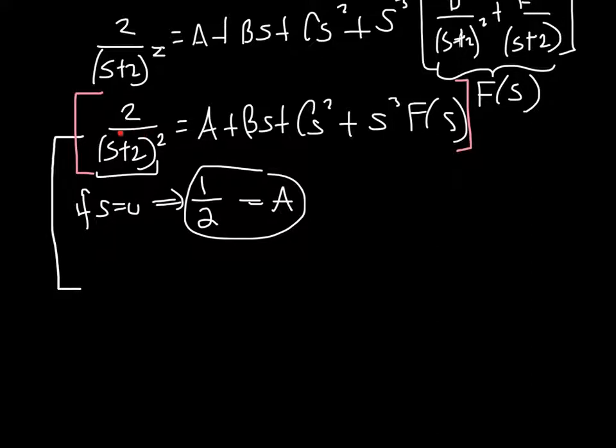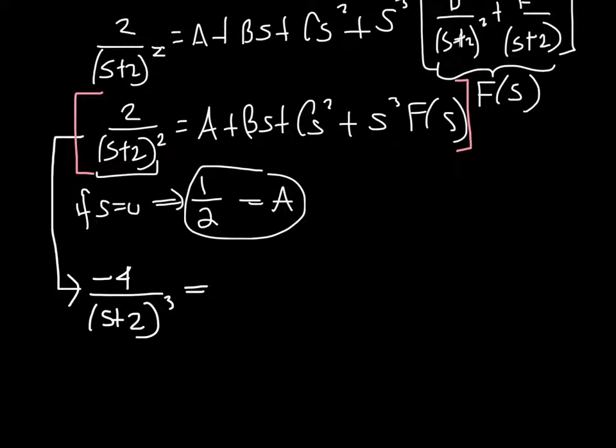I can rewrite this as s plus 2 to the negative 2. Use the power rule, bring down that negative 2, we get a negative 4. If you work out the differentiation, we get negative 4 over s plus 2 cubed. So that's why they have that in the book, if you're reading it.